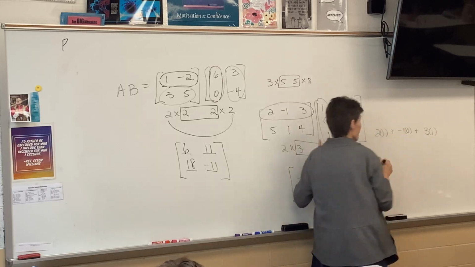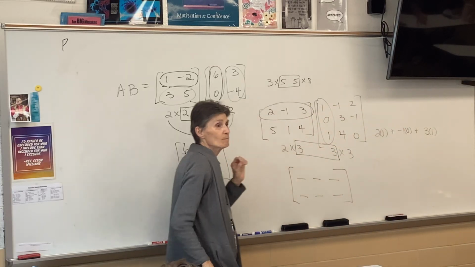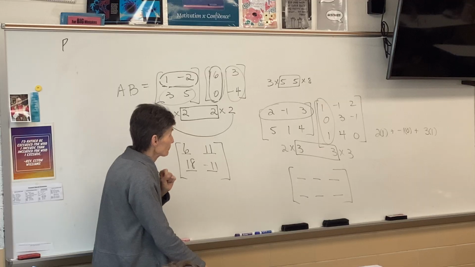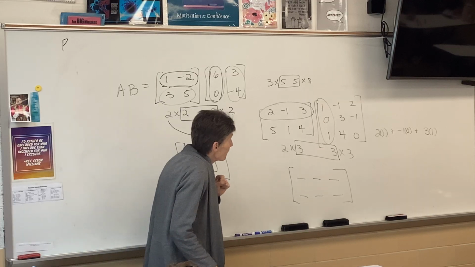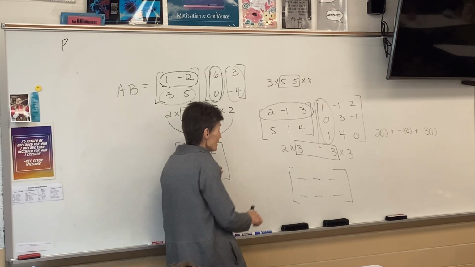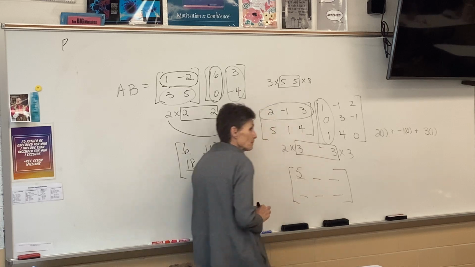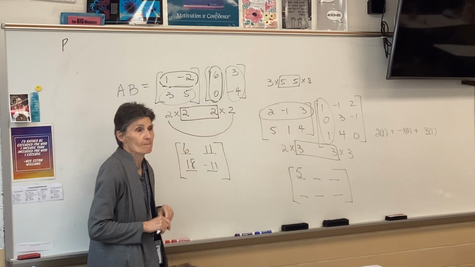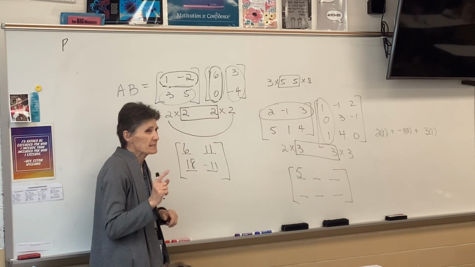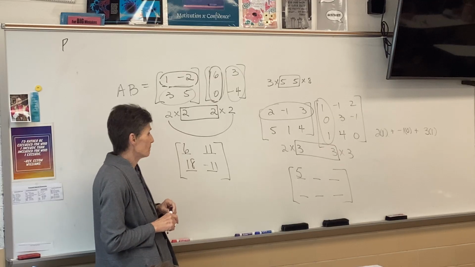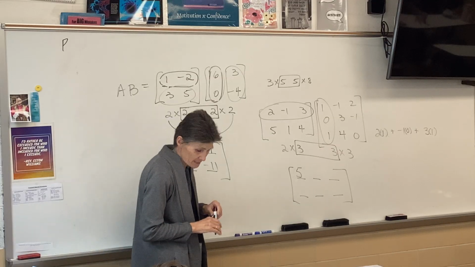Now some of you can do that in your head. Some of you might want to write it down. I think we get 5 for that one, don't we? It's easy to make careless errors, so watch it. All right, go ahead and fill in the rest of them. Let's see what you come up with.